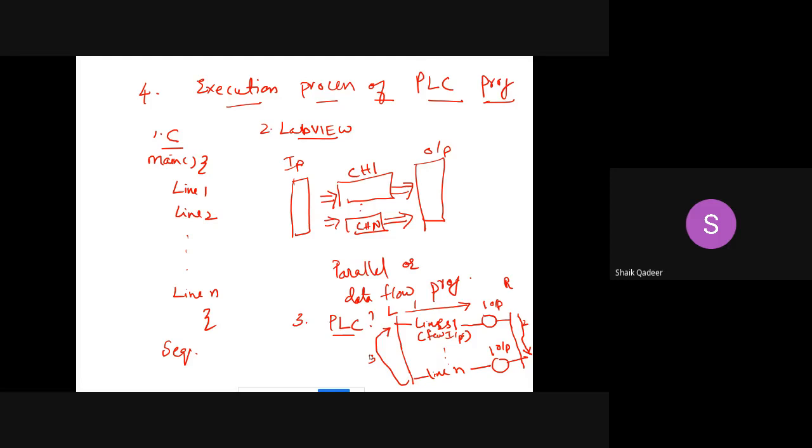Programming style: each line is executed from left to right, then top to bottom, then last to first.